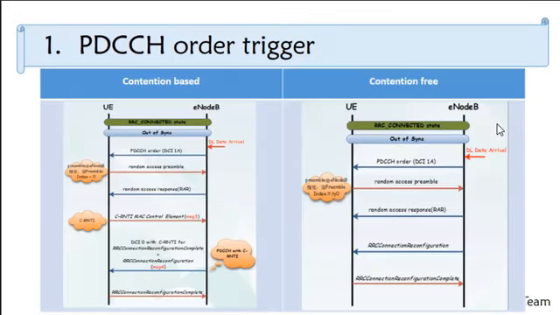And you can see here, the downlink data arrives, and the eNodeB will give the DCI 1A to the UE, and the UE will choose a preamble and send the random access preamble. And this is the contention free part.